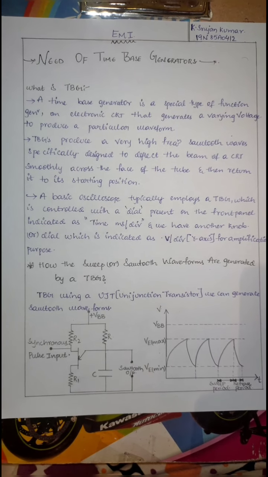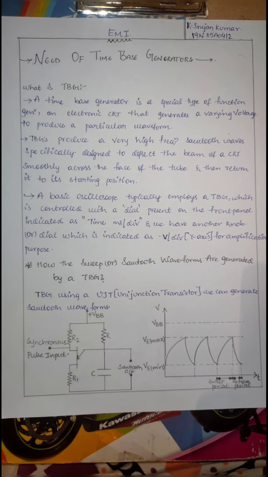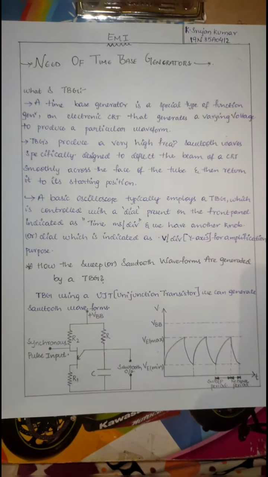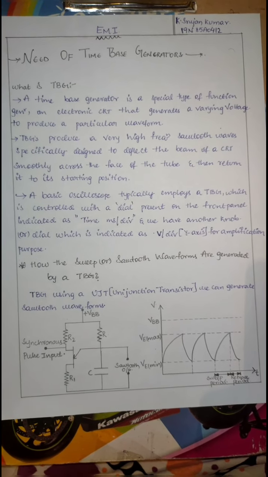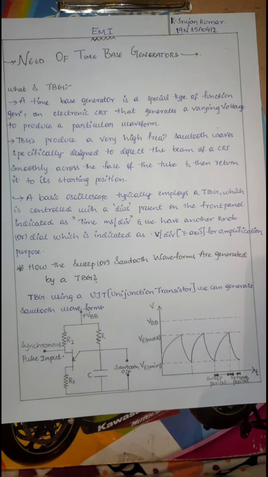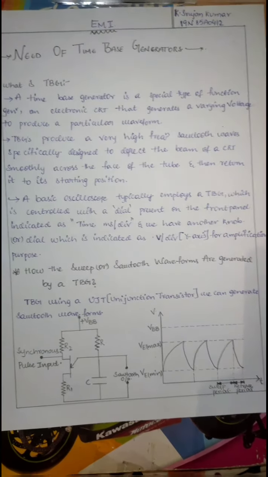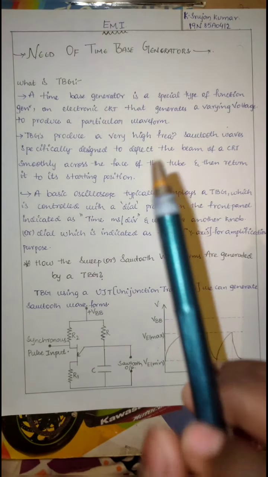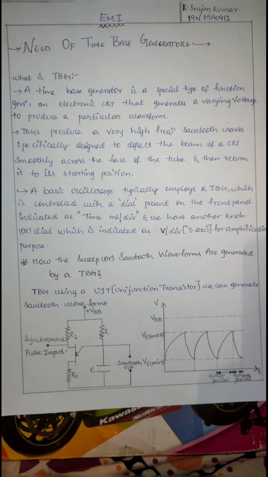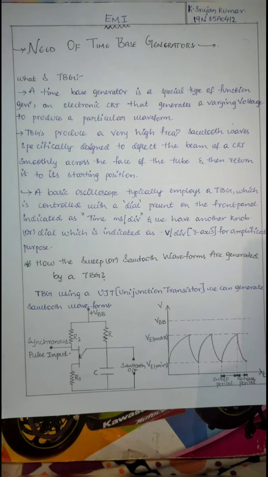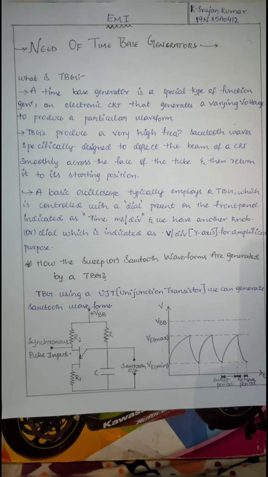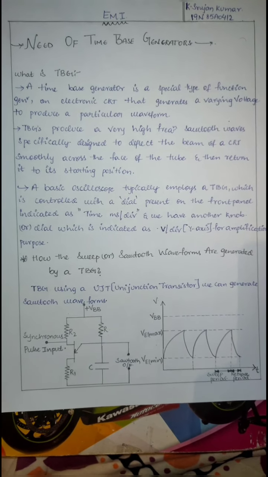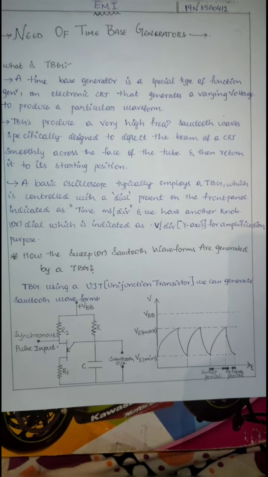TBGs are mainly required wherever we need to measure the waveform with respect to time. There we need a TBG. The electron beam, which is generated by the electron gun in the CRT tube, should be moved across the screen of the CRO at a constant velocity.